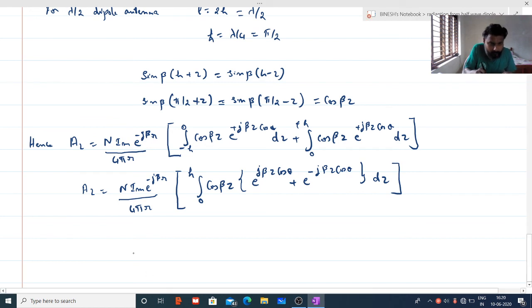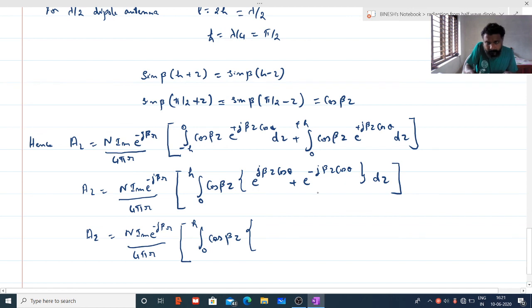So I'll write A z equal to mu I m e raised to minus j beta r divided by 4 pi r, into integral from 0 to h of cos beta z, and inside the bracket I will write 2 cos of beta z cos theta.